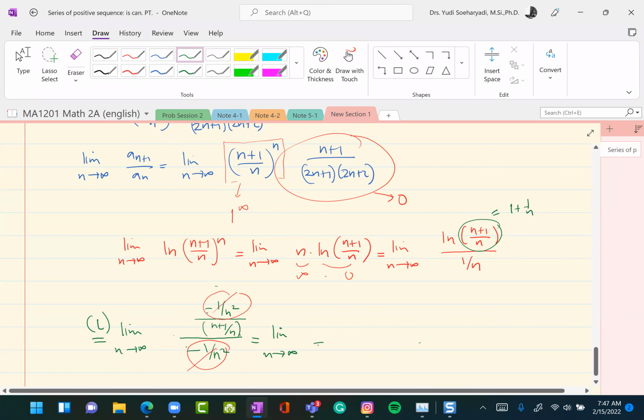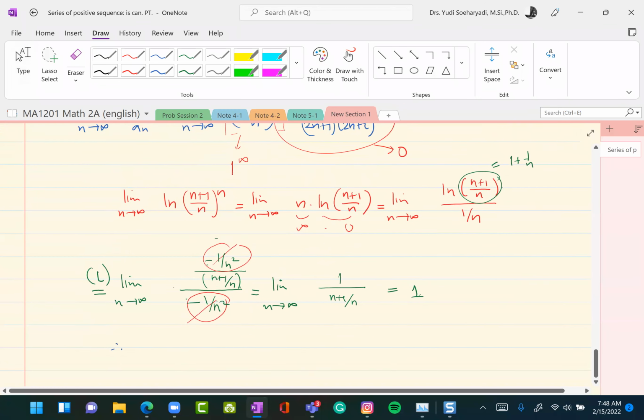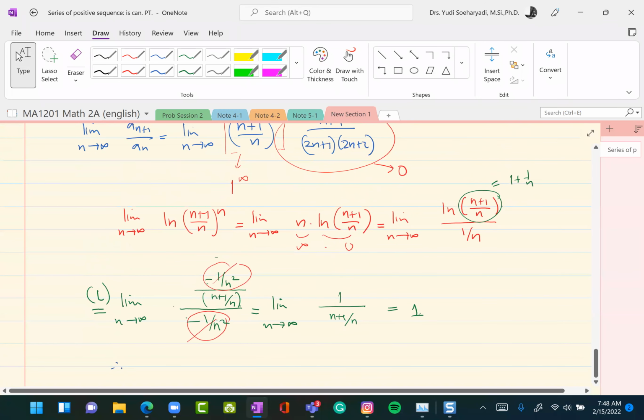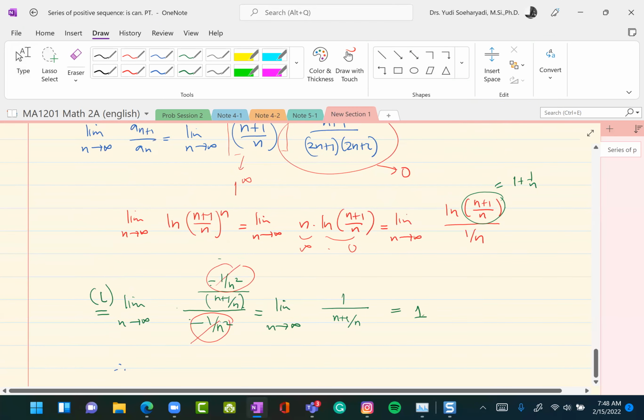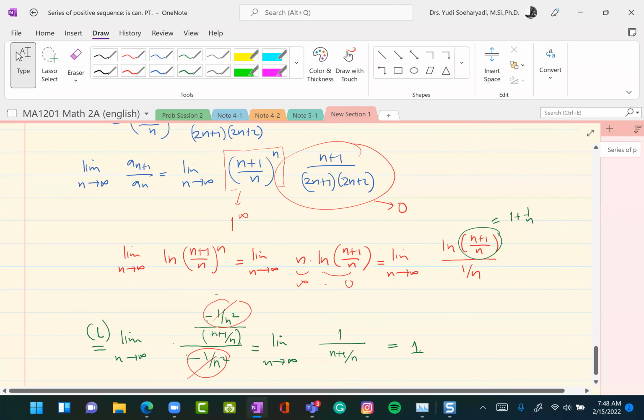So what's left is just the limit of 1 over n plus 1 over n. So this is 1. Okay, sorry. All right, so this limit is just 1, goes to 1. So this limit is 0.